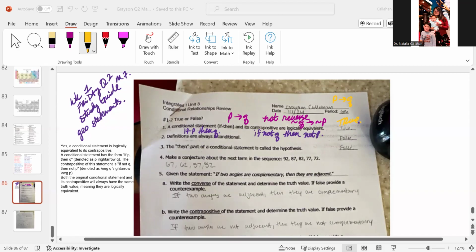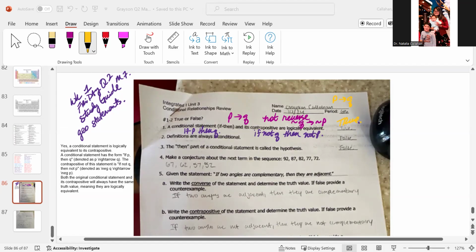Oh, are definitions always biconditional? Is that what it says? I want to make sure I use the exact wording.